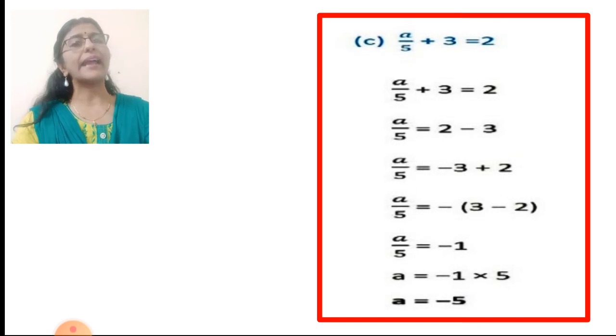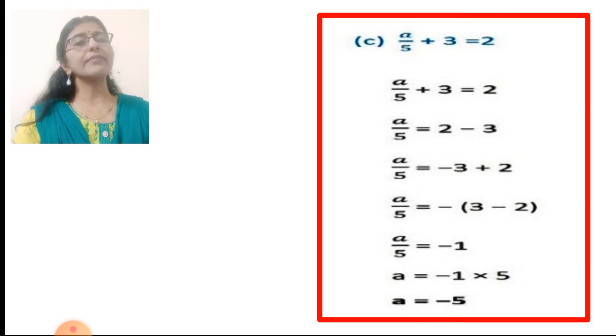As you are taking minus outside, we'll write 3 inside the bracket, and then minus 2 inside the bracket, because you know minus into minus is plus. And you know 3 minus 2 is 1, and the minus sign is common to both of them. So we'll write a upon 5 is equal to minus 1.